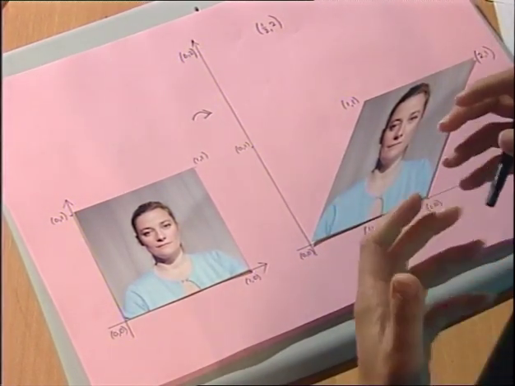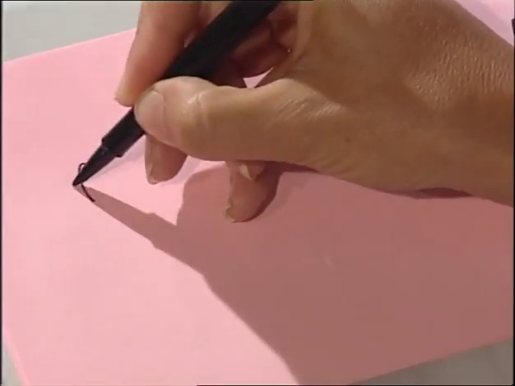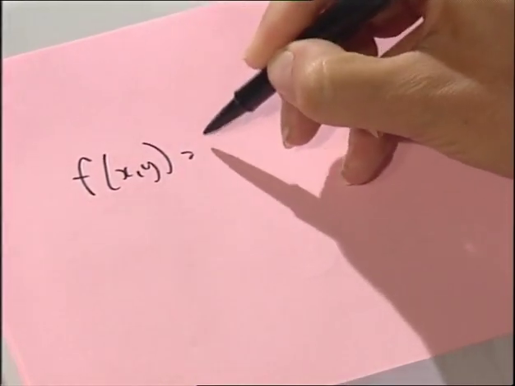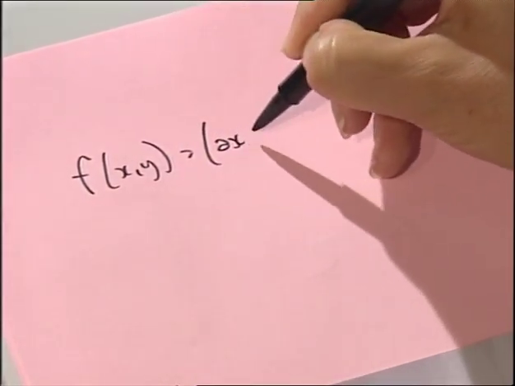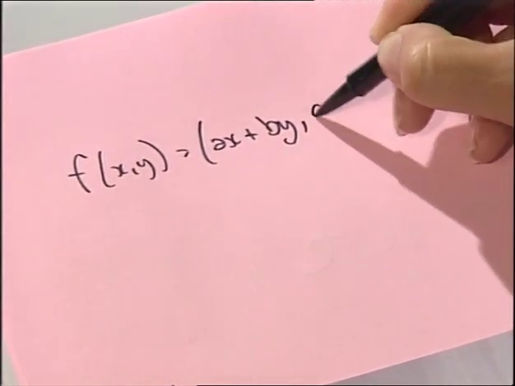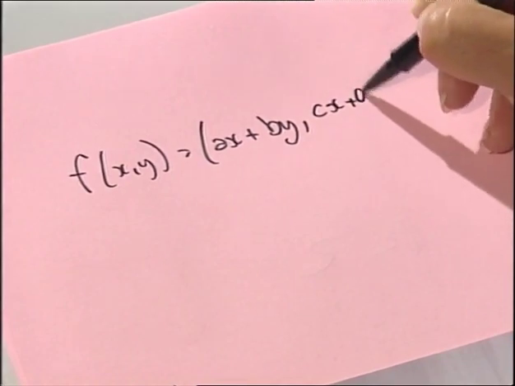Well now, up to now, I've been working geometrically, but how do you go about finding an algebraic description for each linear transformation? Well, each linear transformation can be represented algebraically by a rule, which is of the form f(x, y) = (ax + by, cx + dy).